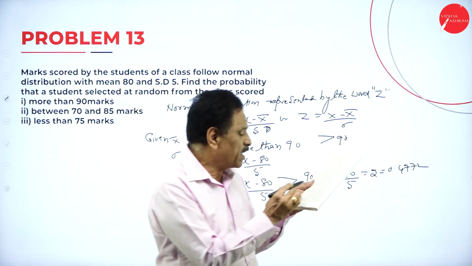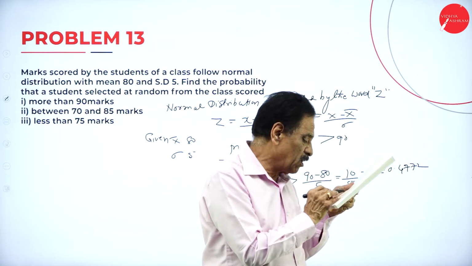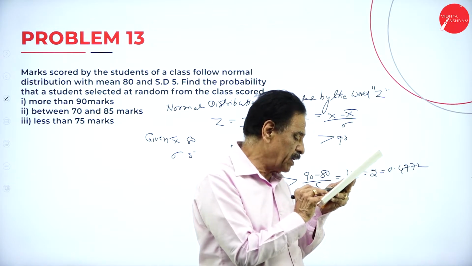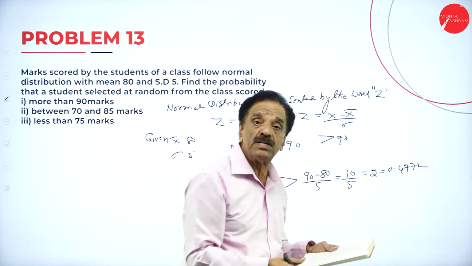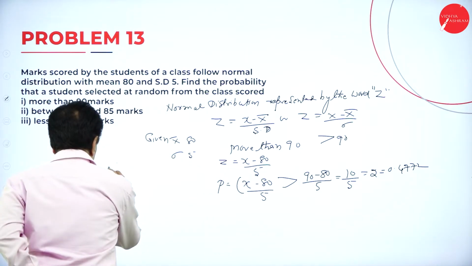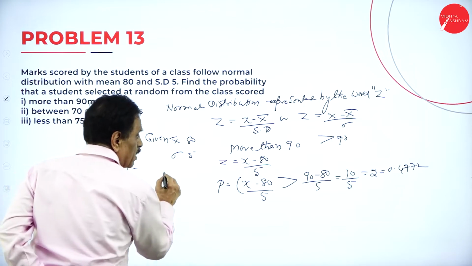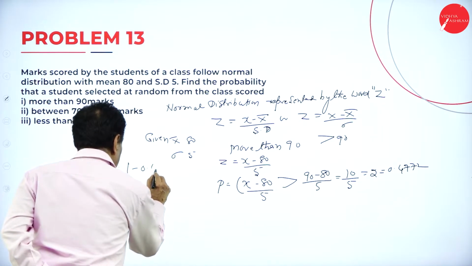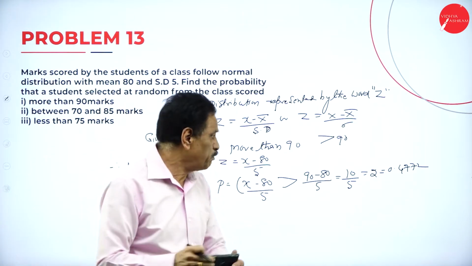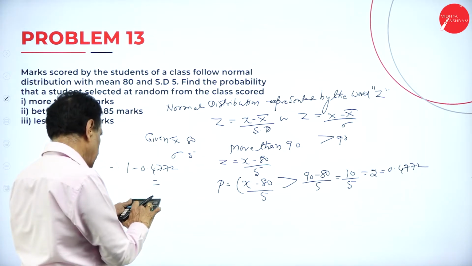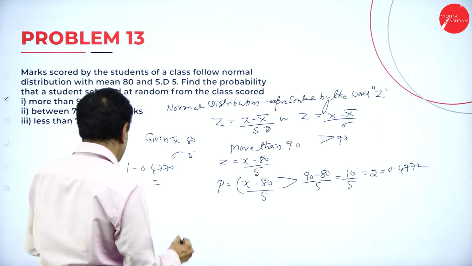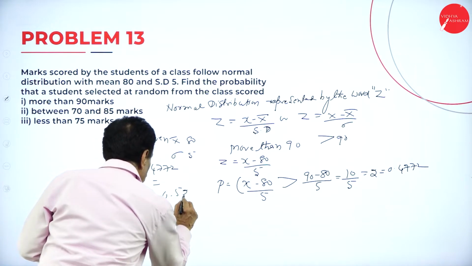They will say the 2 value will be, according to this table, 0.4772. Since they say more than, therefore the value is 1 minus 0.4772. That is 0.5228.